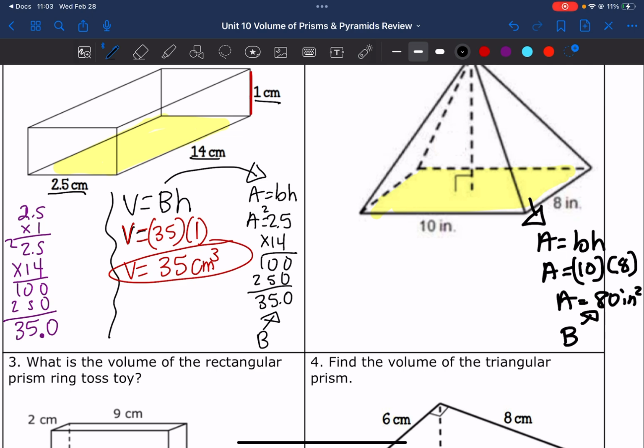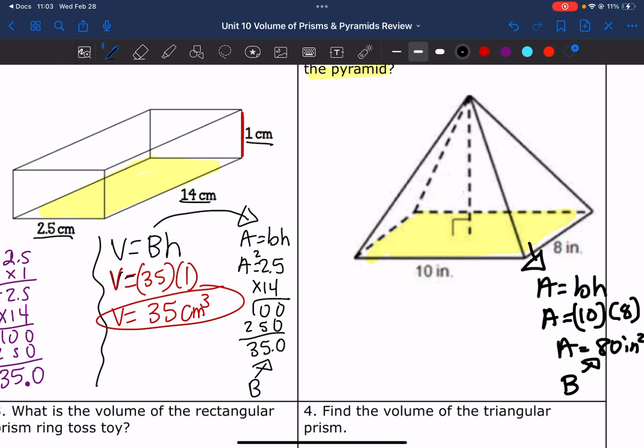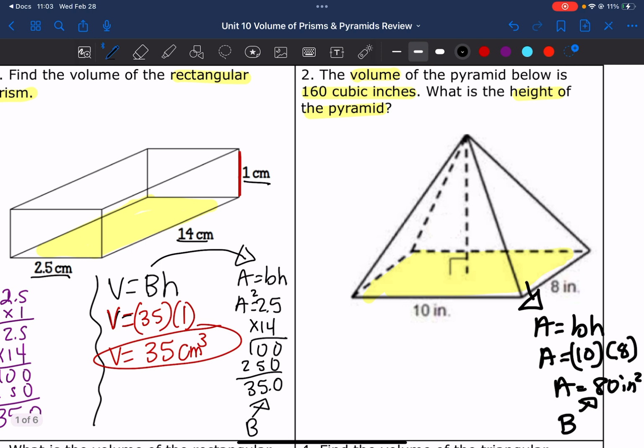Going over here, I'm going to first write everything that I have. I know that I have the volume, which is 160 inches cubed. I have the area of the base, which is 80 inches squared. And I do not have the height. This is what I need to find.